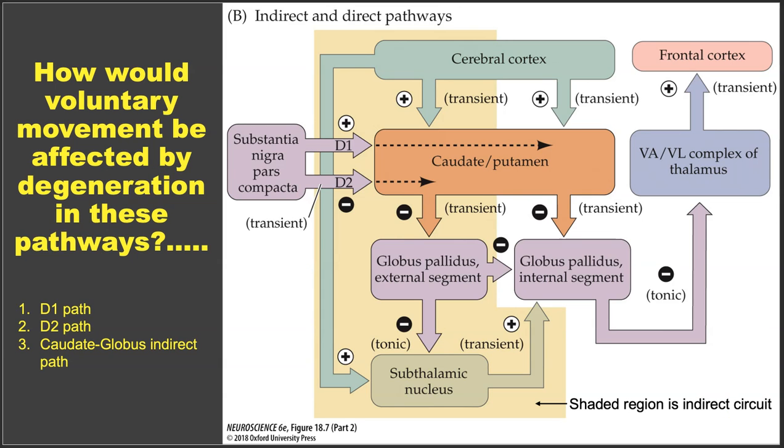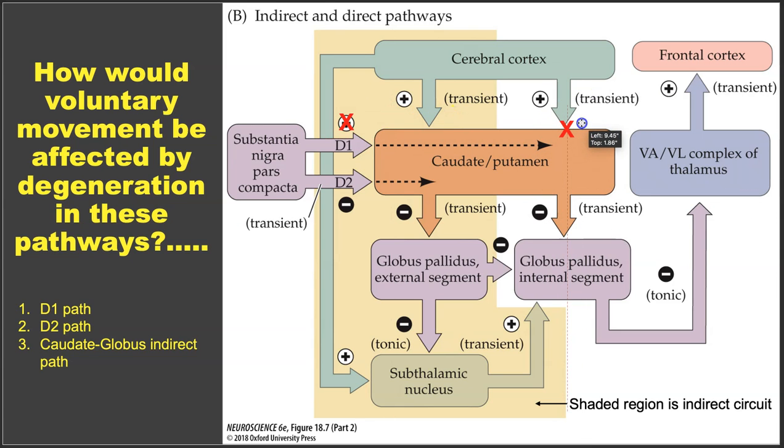And the first thing I want to do is just kind of do a thought experiment. Basically, it's answering this question: how would voluntary movement be affected by degeneration in these different pathways? So we'll start with the D1 pathway. Remember that the D1 receptor is involved in the direct pathway. And so if we're inhibiting that D1 pathway, we are inhibiting an excitatory input into this direct pathway.